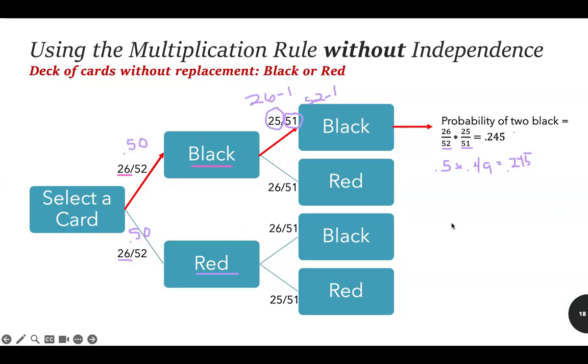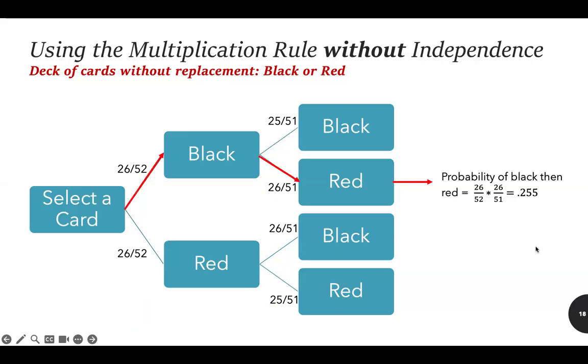And so we could continue going through this. We could look at how this changes. So I'm going to clear this off just so that this is clear now. So now, if I wanted to select a card, the first time I get a black, that was my 50% right there. So 0.5 would be my probability as a proportion.